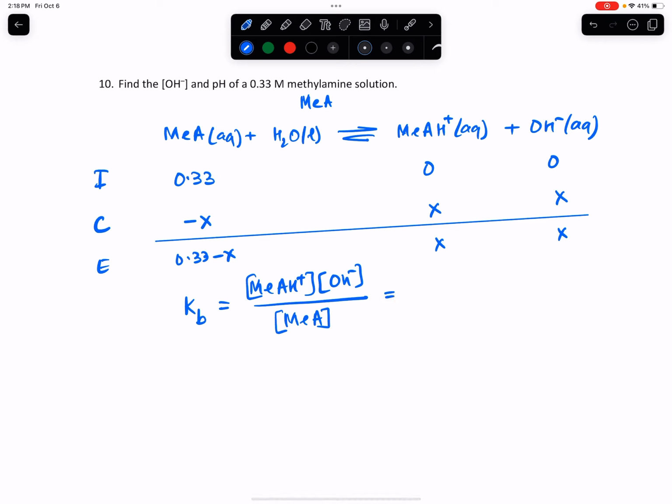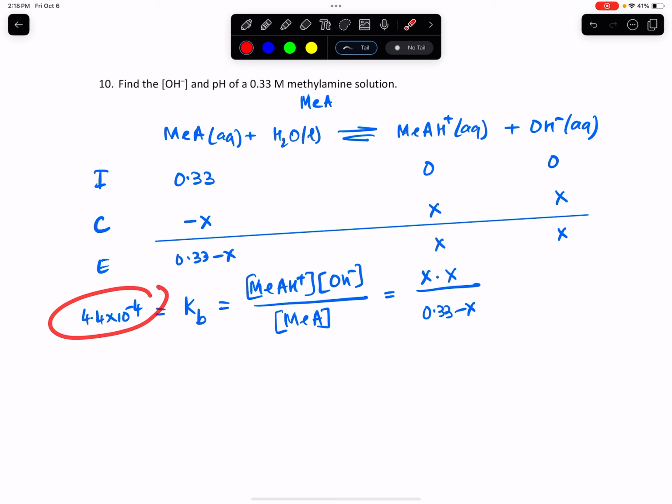So we just plug the values in: x times x over 0.33 minus x. And Kb, we pull from a table. That is equal to 4.4 times 10 to the negative 4. We're just going to take this quantity and solve.